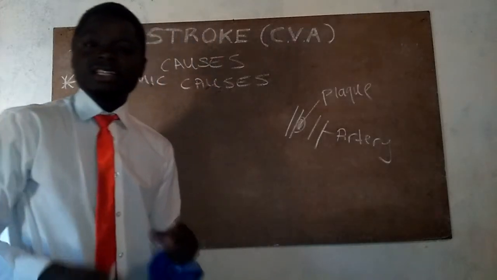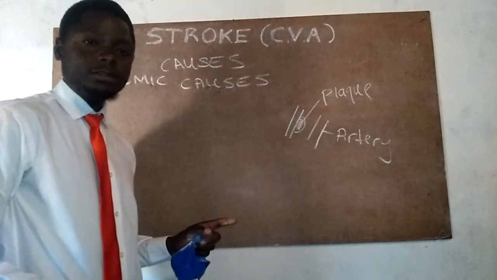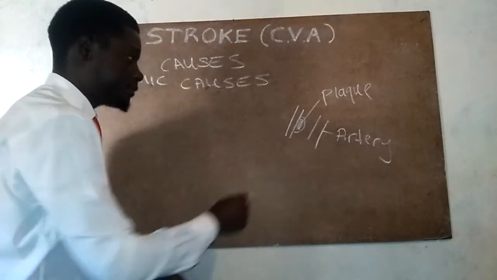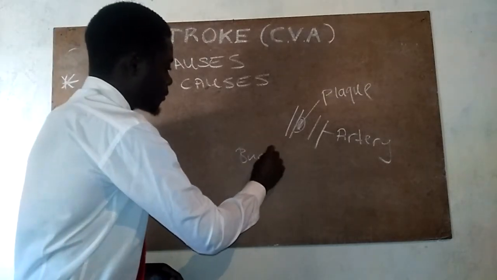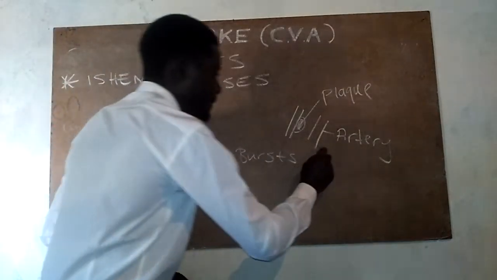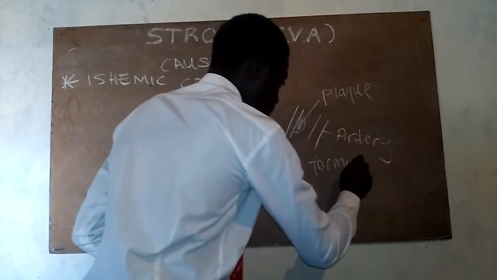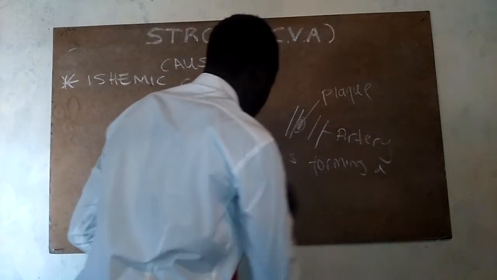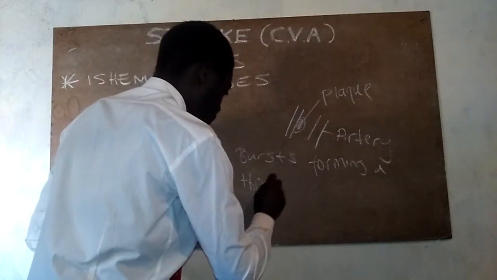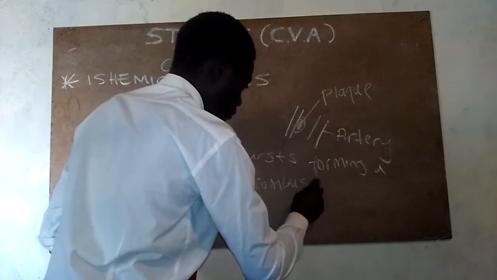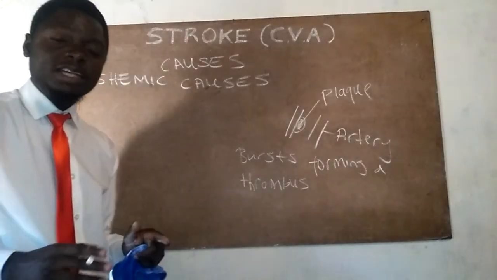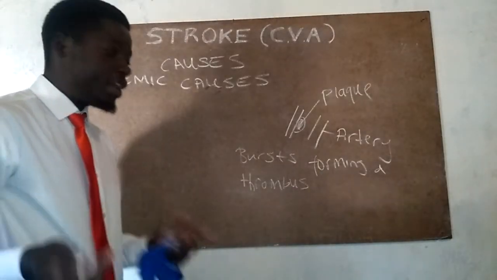The plaque starts forming inside the blood vessel, and when this plaque bursts, it's going to form a thrombus, and the thrombus will result in an emboli.